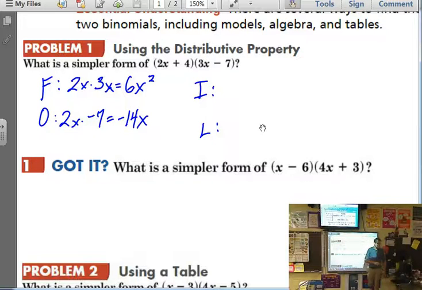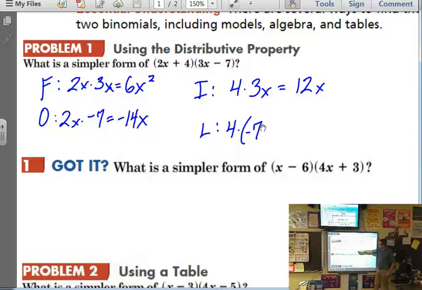That'll give us negative 14x. My inner has a 4 and a 3x, so we get 12x. And my last have a 4 and a negative 7, so we get negative 28.